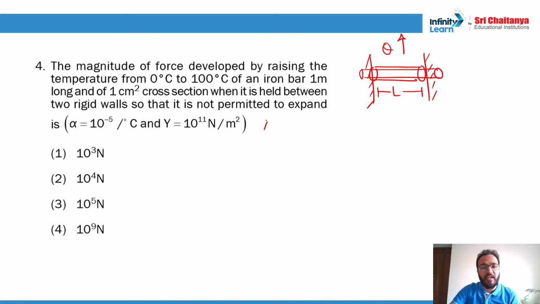We know that already. What is thermal stress? Thermal stress is force per unit area. It is equal to alpha into Y into delta theta into delta L by L. Do you understand?